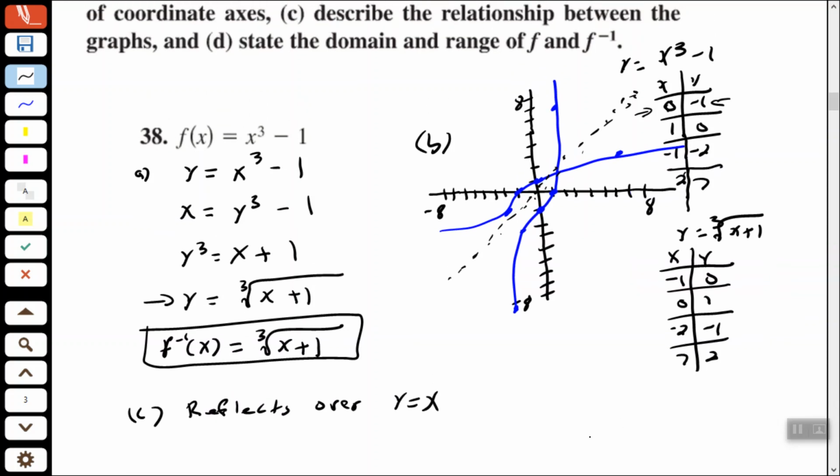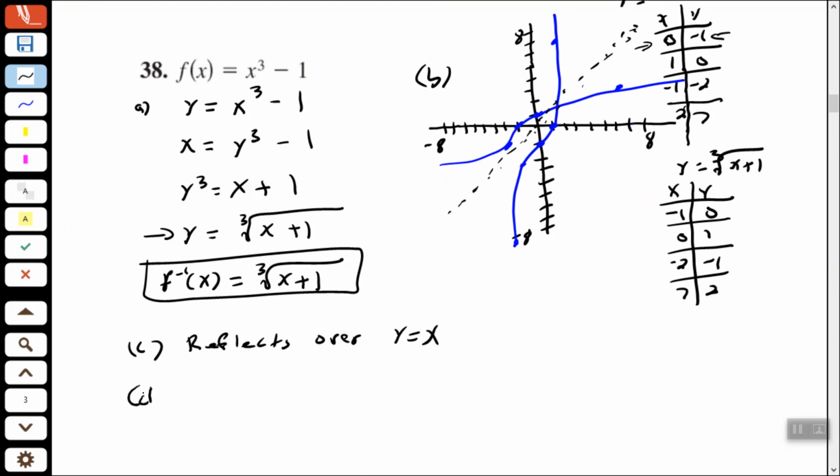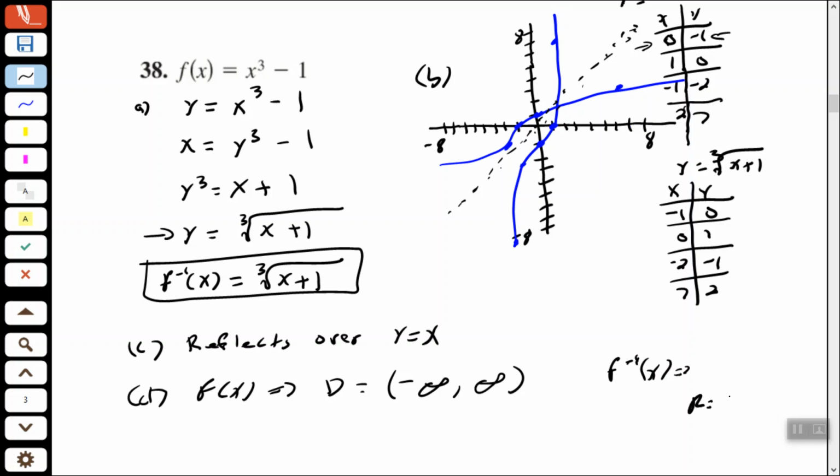And then part D says state the domain and range. Well, it looks like the domain of the original function, so for f of x, domain is equal to -infinity to infinity. So for f inverse of x, the range is equal to -infinity to infinity.